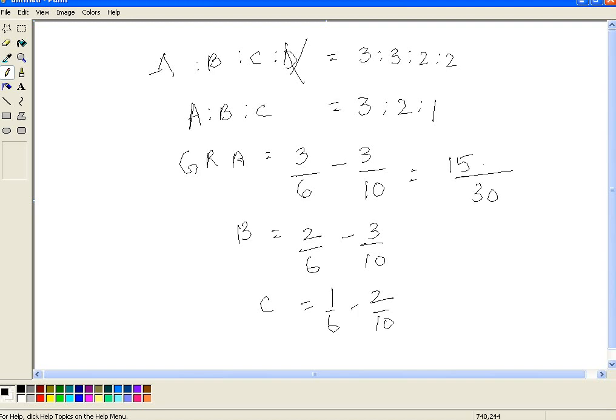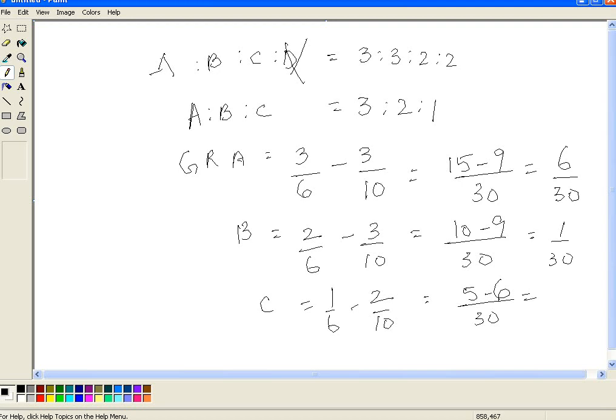So this is 15 minus 9, this is 10 minus 9, and this is 5 minus 6. Okay. So here it is 6/30, 1/30, whereas C is actually gaining by minus 1/30. So the gaining ratio of A and B is equal to 6:1.